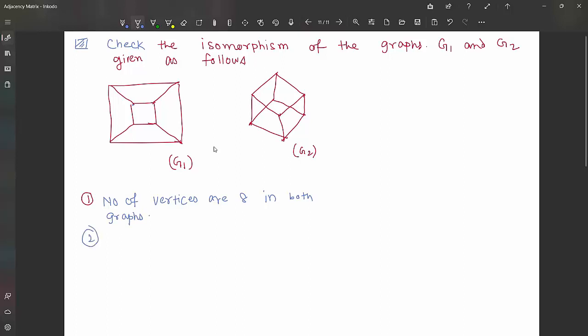Number 2, the number of edges: there are 4, 4, 8 and 4, 12, here also 12. So the number of edges is 12 in both graphs.